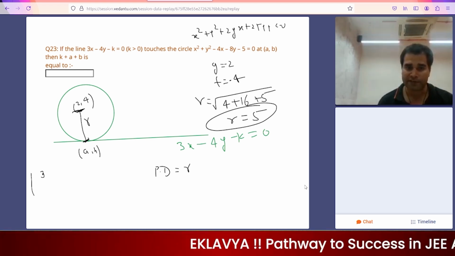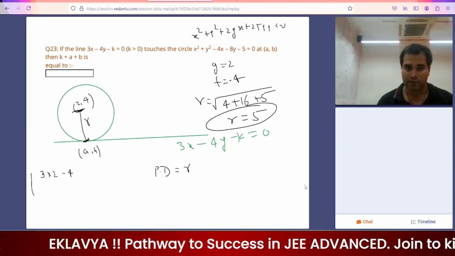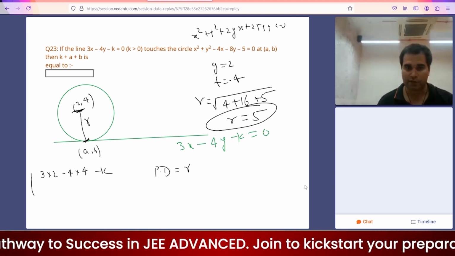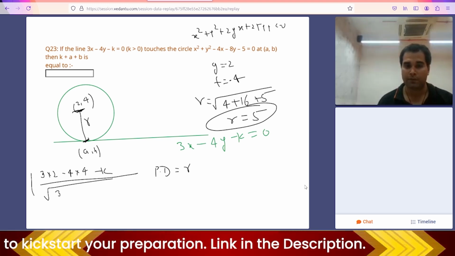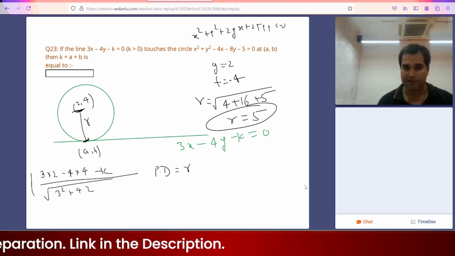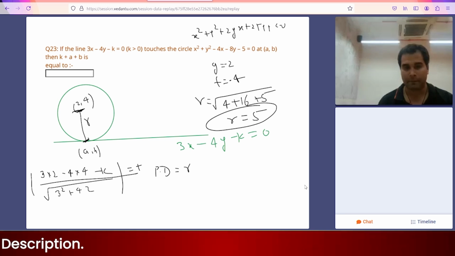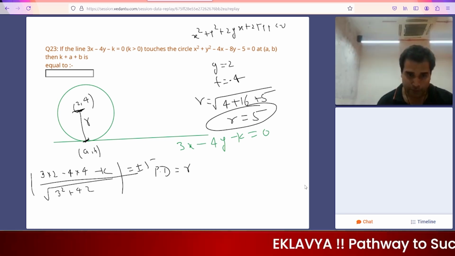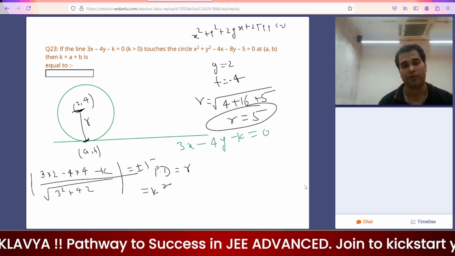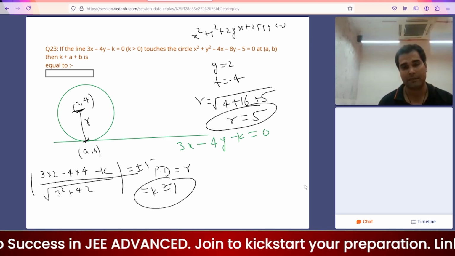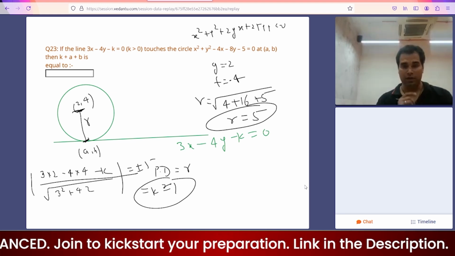Now the perpendicular distance: 3 into 2 minus 4 into 4 minus k, divided by root of 3 square plus 4 square, equals plus minus 5. So here 3 into 2 is 6, minus 16, by 5 equals plus minus 5, and we will get k.